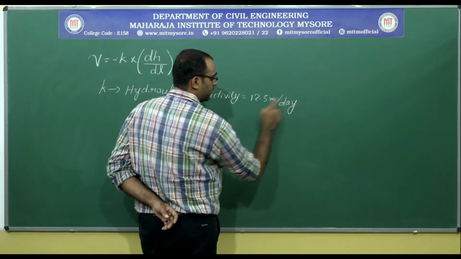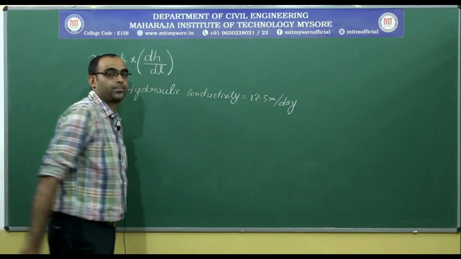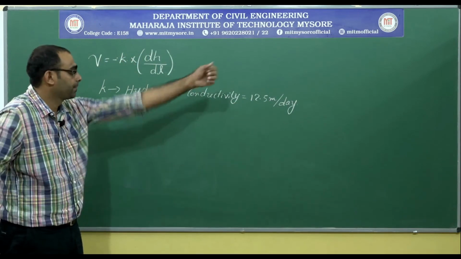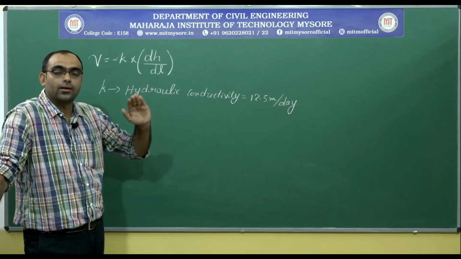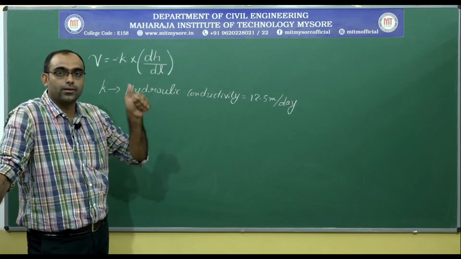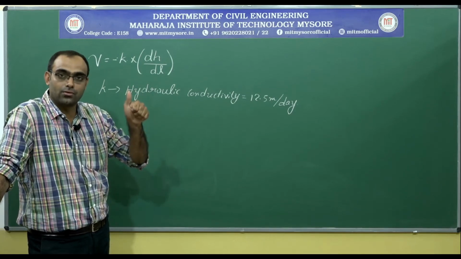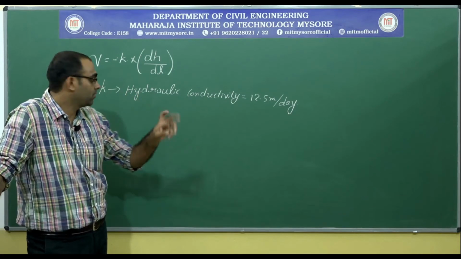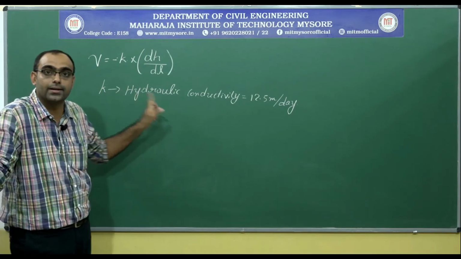We can observe it is expressed as meters per day, as the velocity of the groundwater is very low, and whatever the unit of velocity of groundwater is, that holds good for the hydraulic conductivity as well. Okay.